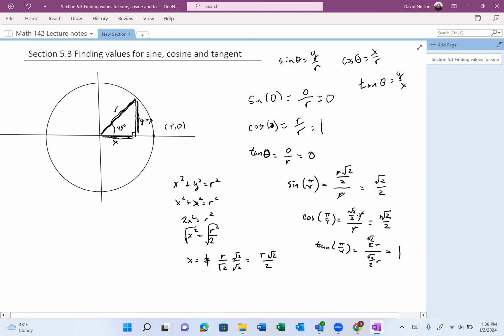Okay. Another nice point to look at is the point 0, r, right up here at 90 degrees, pi over 2. In that case, I know that the x-coordinate is 0 and the y-coordinate is r. So the sine of 90 degrees, I already did the sine of 0.